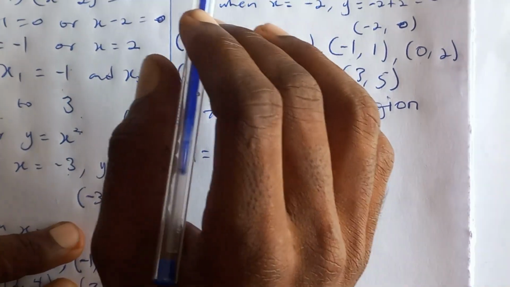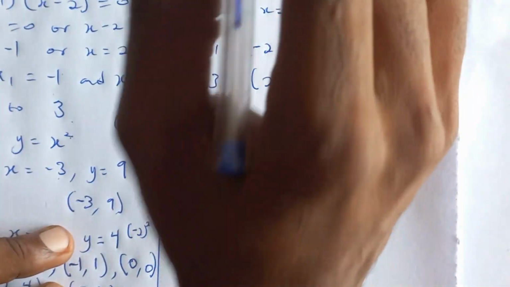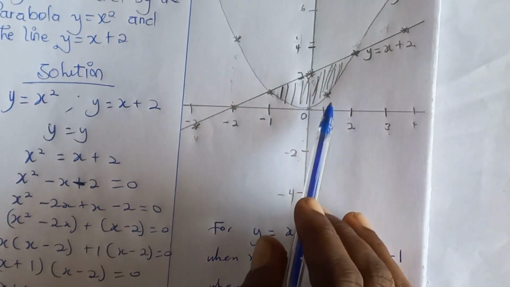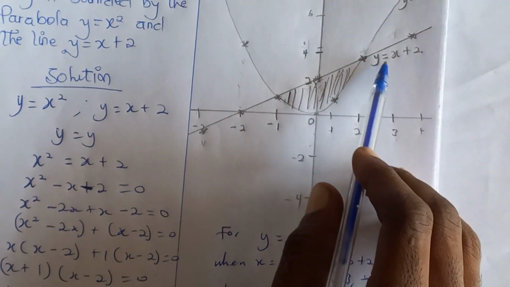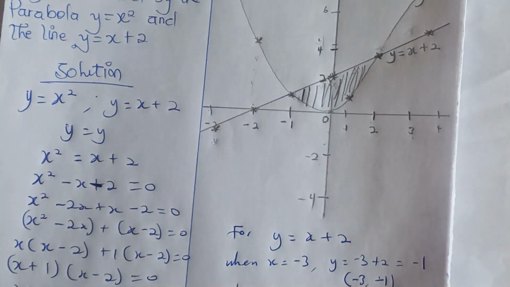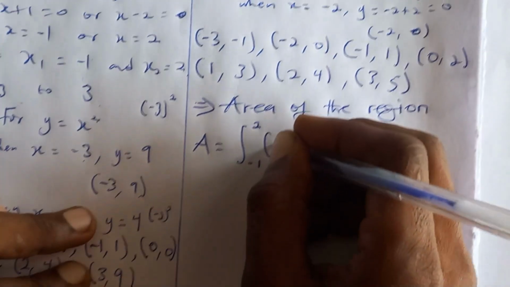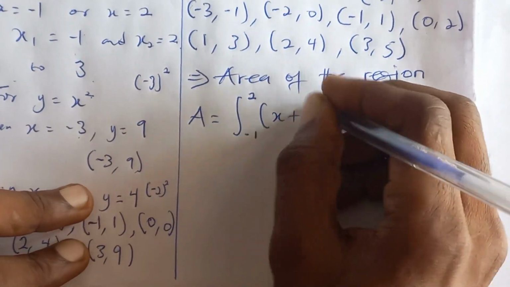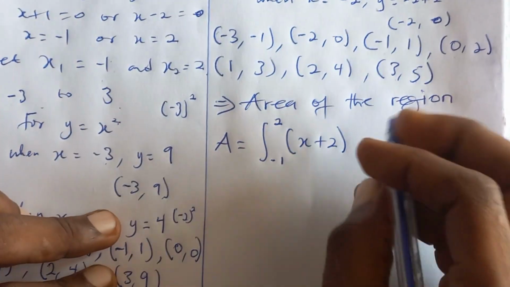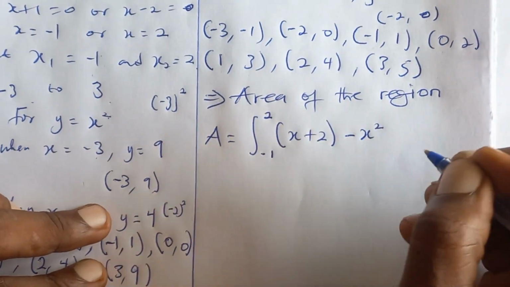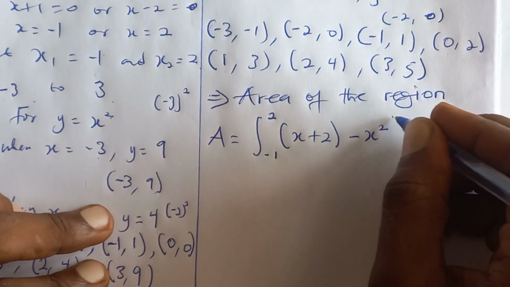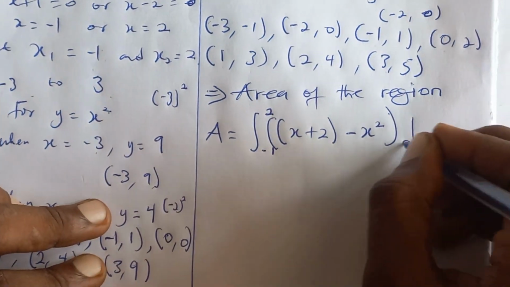You have to look at these two curves. Which one is lying on top? In this case, you can see that y is equal to x plus 2 is on top. So you bring that one first, which is x plus 2. Then the one under is x squared. So we subtract it from it. Good. dx.